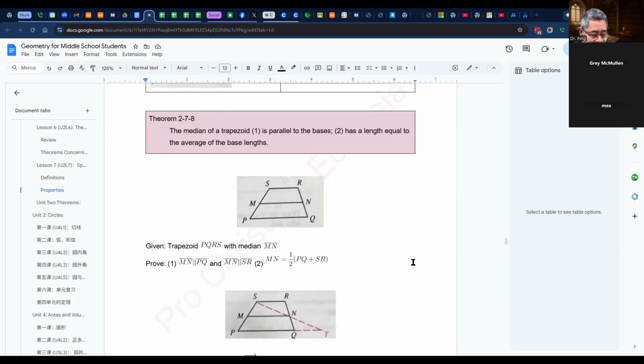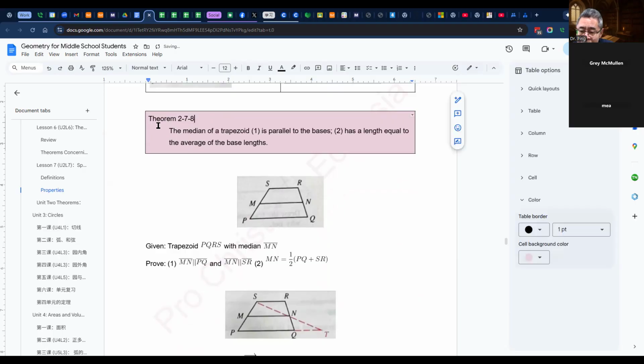All right, so now we're going to look at this interesting theorem. The theorem says the median of a trapezoid has 2 properties. The first property is that the median is parallel to the bases. The second one is that its length is equal to the average of the bases.